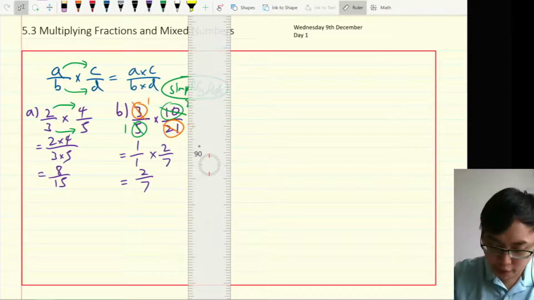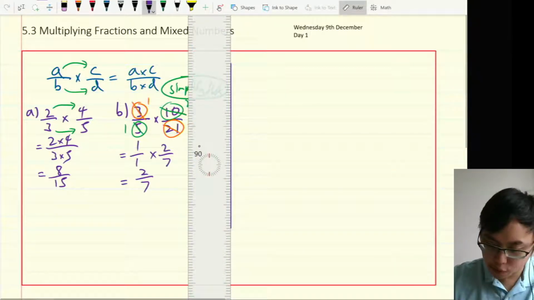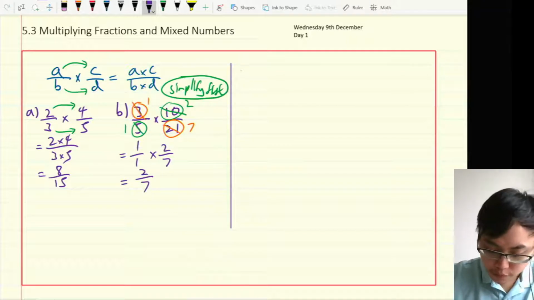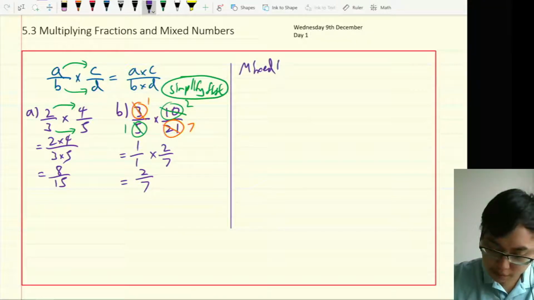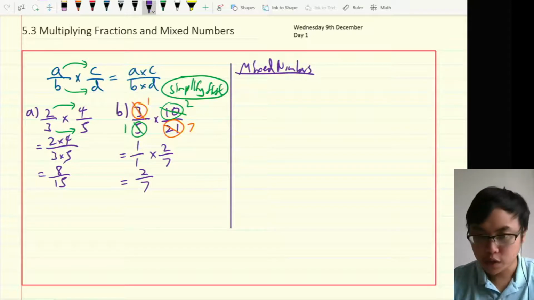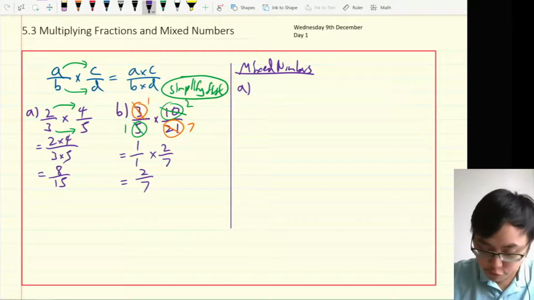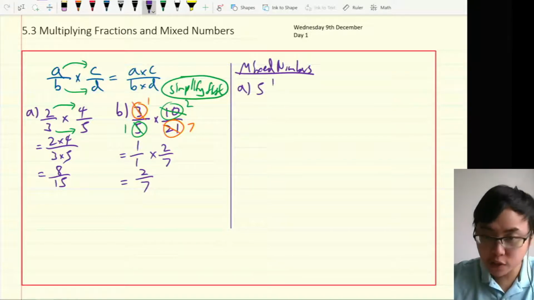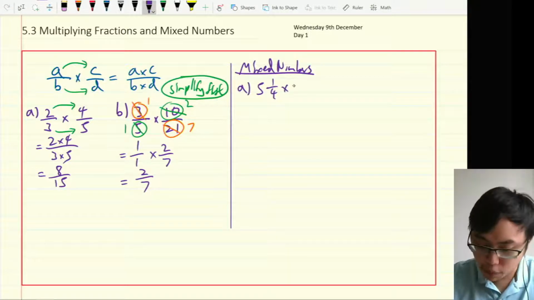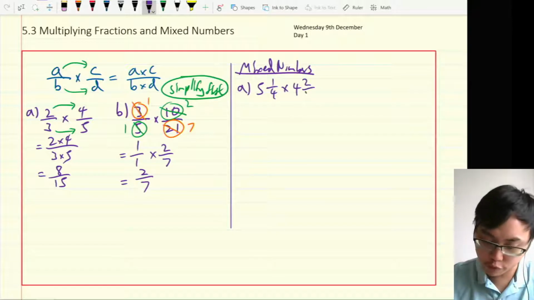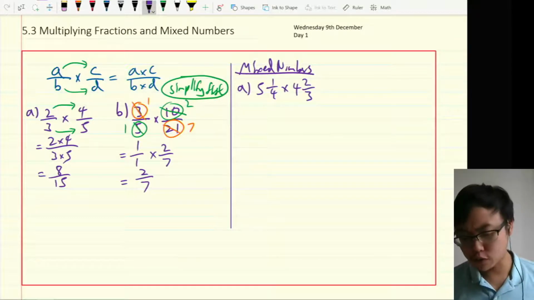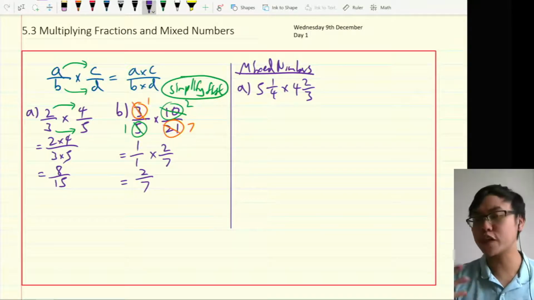So next part, we're going to be doing some mixed numbers. When it comes to mixed numbers, we cannot just multiply them directly. First example, we have 5 and a quarter, and we want to multiply that by 4 and 2 over 3. Now, I cannot just do whole number times whole number and fraction times fraction.